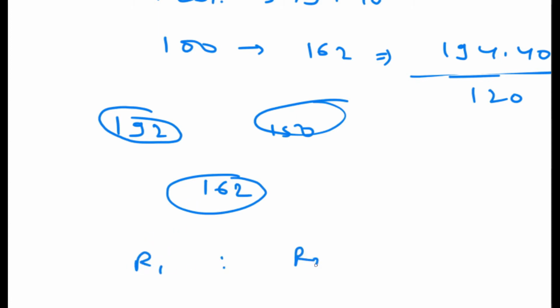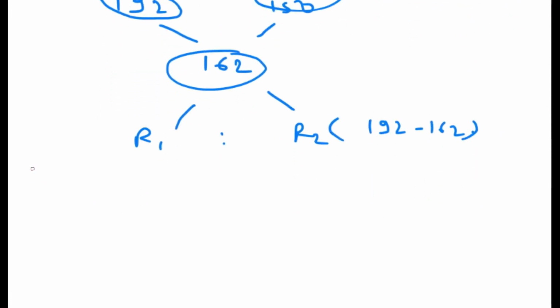This is ratio 1 and ratio 2. Here we get 192 minus 162, the bigger minus the smaller, and here 162 minus 150. These are ratios, so they shouldn't be negative. This will be 12 and this will be 30.